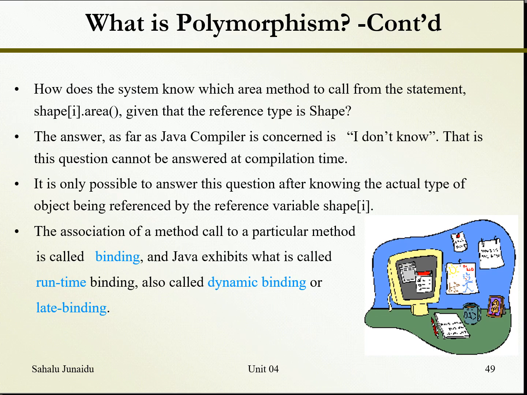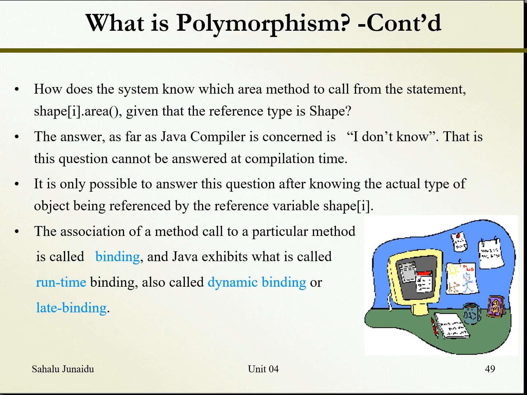But then we are calling those area and perimeter methods in the Shape class, even though they are not implemented. So how is that possible? We said it's possible because Java supports what we call late binding, not early binding. We call it late binding, or dynamic binding, or runtime binding. Either of the names we call it.